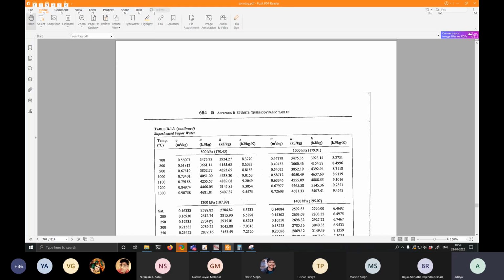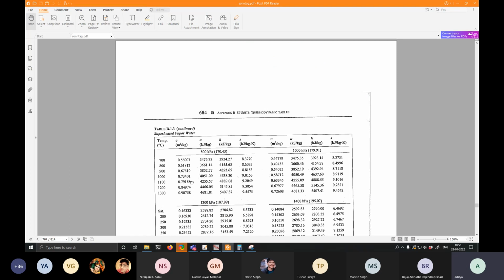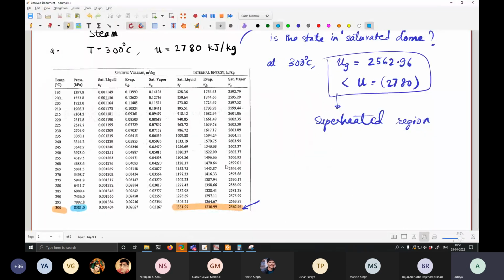So we have to look for 8581 or more. Basically we have to go for a table which will give you a temperature more than 300 degrees Celsius at saturation.